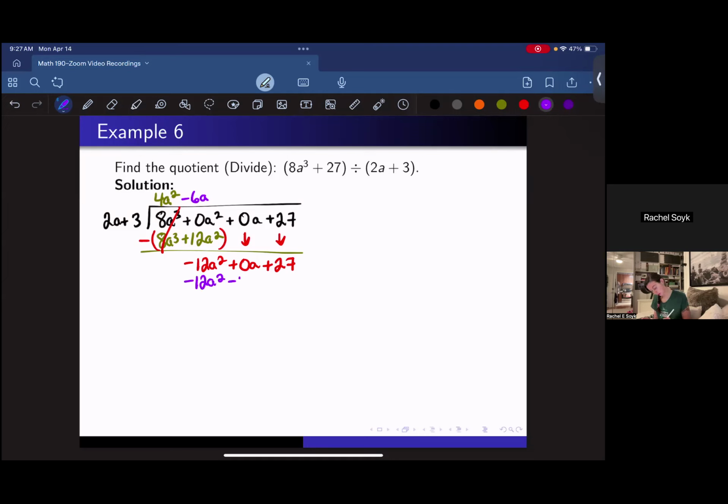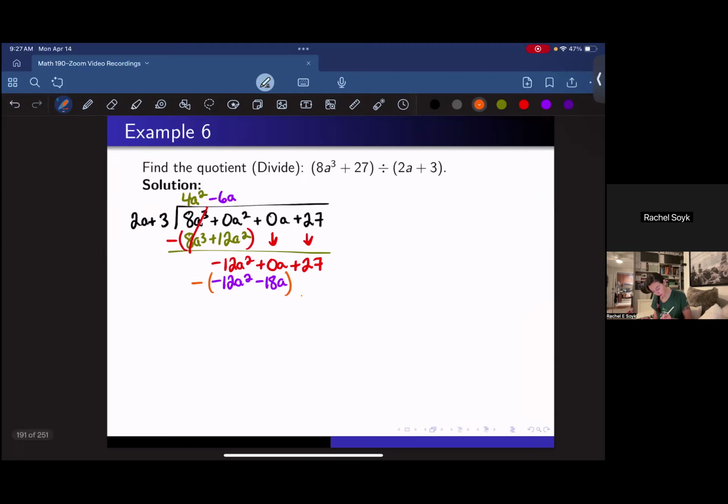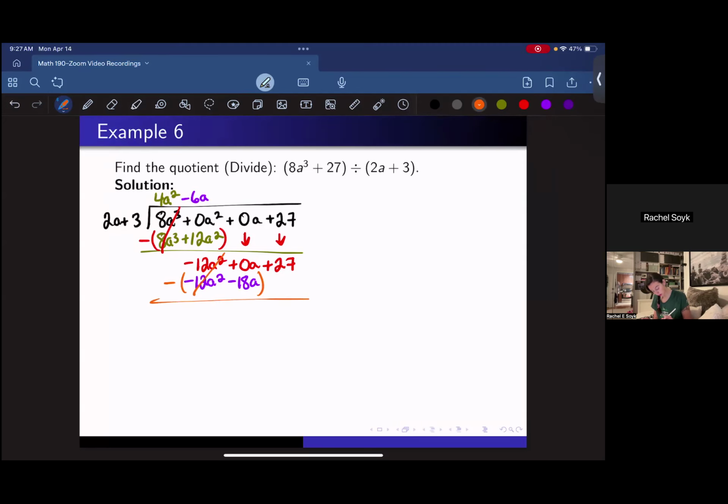And then we have a negative 18a. Subtract. First term cancels out. Now we're looking at positive 18a. Bring down that plus 27.